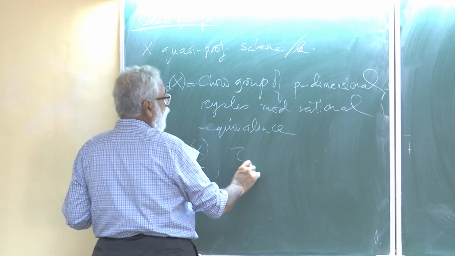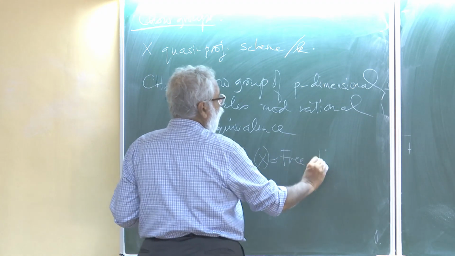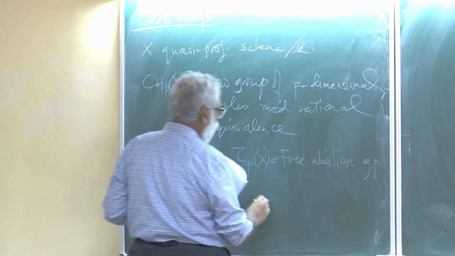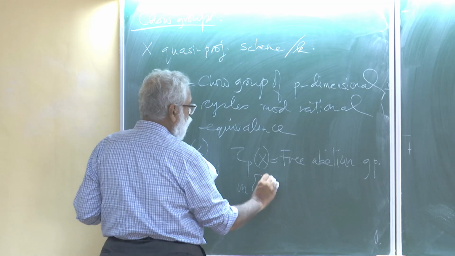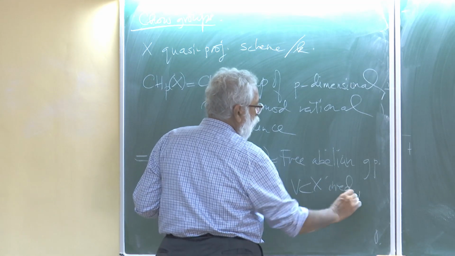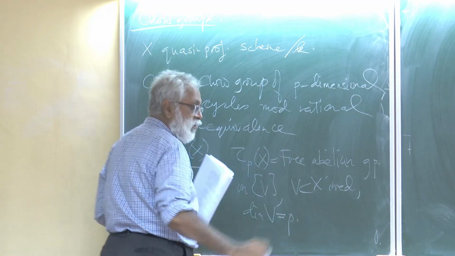Right, remember Z_p is the free abelian group on classes V in X, irreducible, dimension V equal to p.